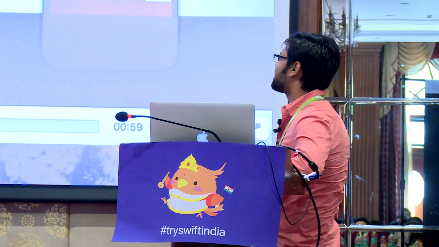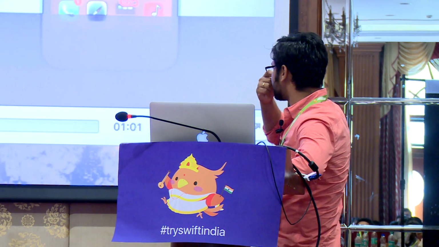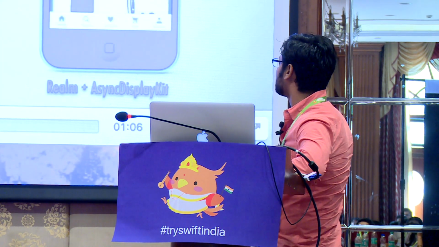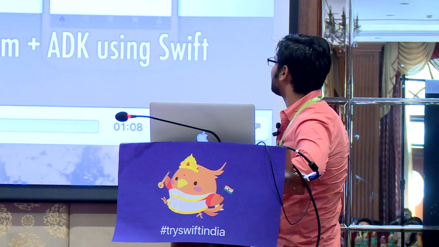So this is the side-by-side comparison. The left one is our old app with Core Data and UIKit. This is Realm plus Async Display Kit. You can see the difference.